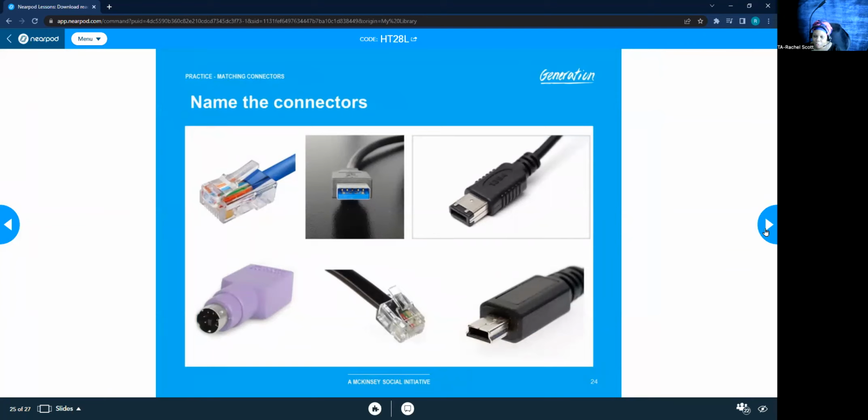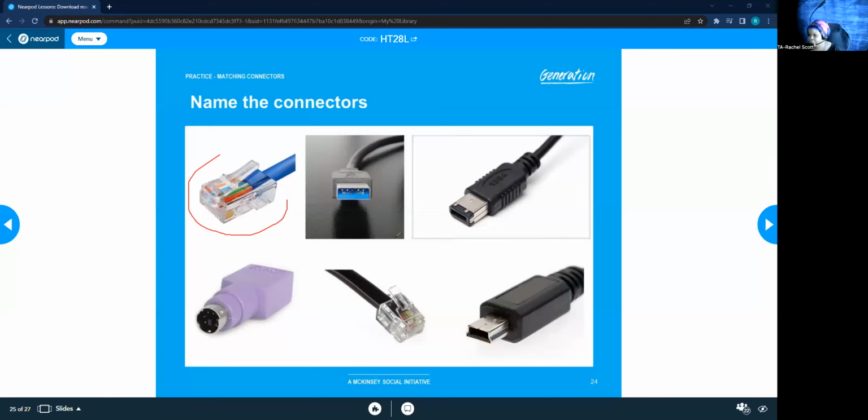Okay, so who can name the connectors? This one, Babacar. RJ45. Okay. And the one next to it?